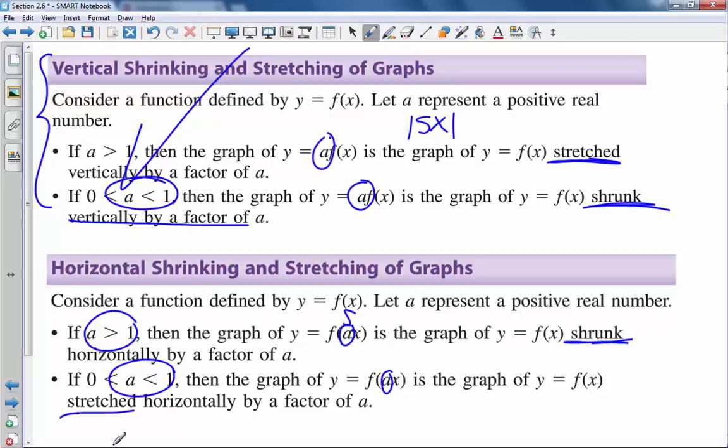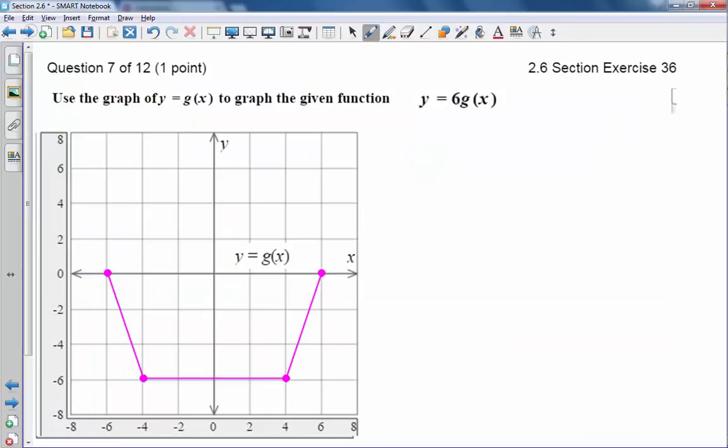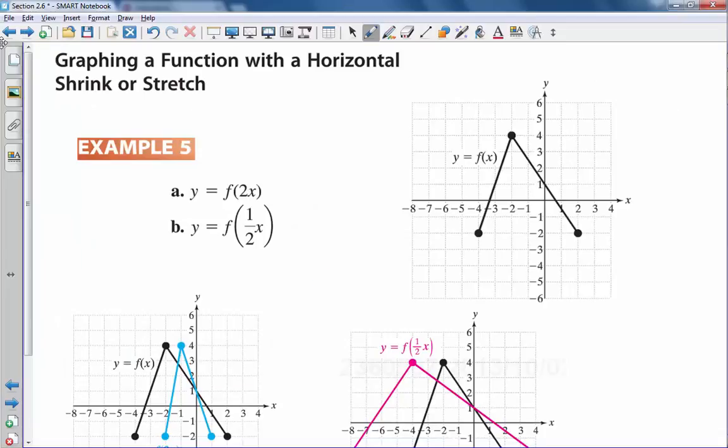Okay, you will understand better in the next one. But let's first read the statement. Big number next to x, we are shrinking it horizontally. Think horizontally, sideways. You are shrinking sideways. It's actually opening. And then stretching horizontally if the number is small, as described on this one.